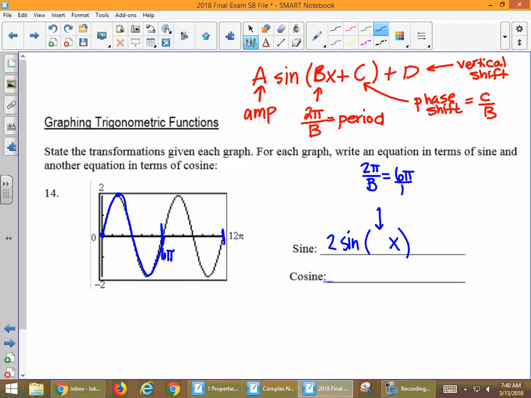I think it's helpful to put that over 1, and then you can cross multiply and divide. 2 pi times 1 equals 6 pi times b. Divide both sides by 6 pi. 6 pi's cancel, your pi's cancel, and 2 over 6 is 1/3.